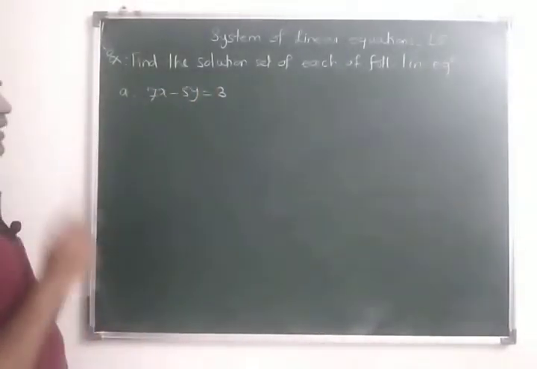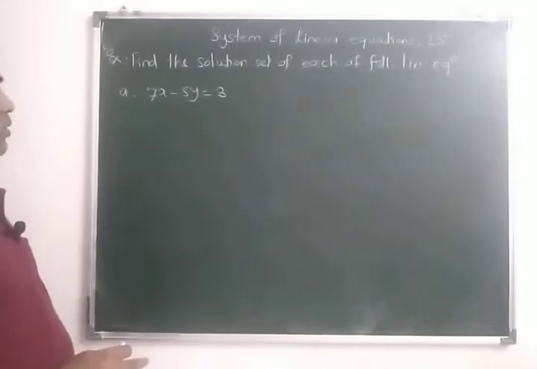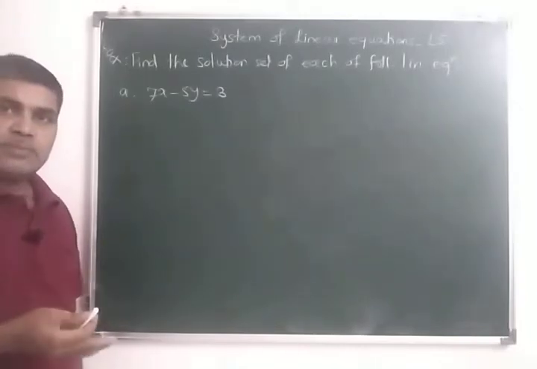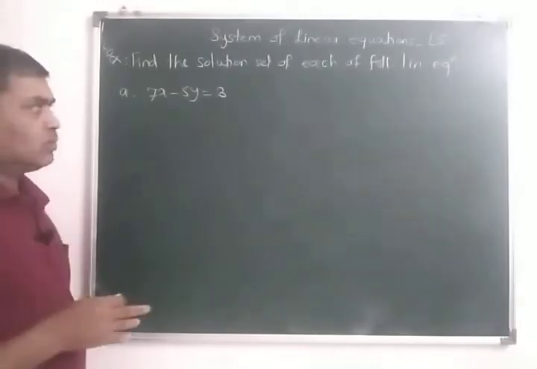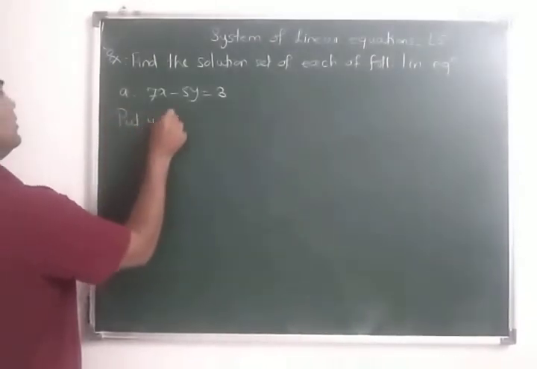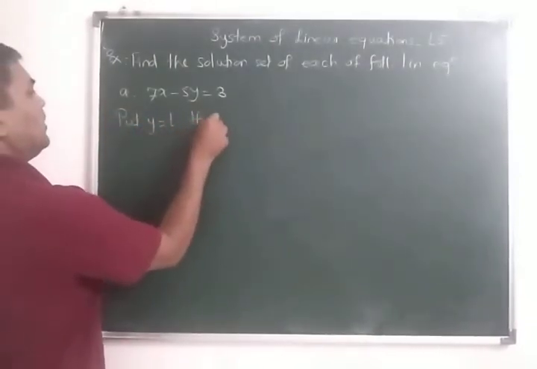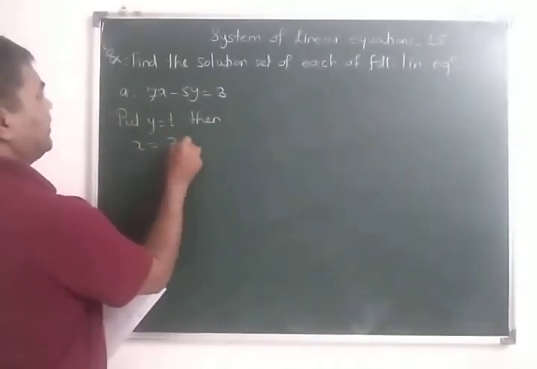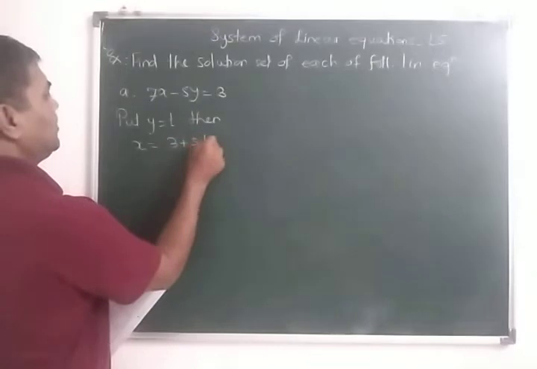So there is only one linear equation in two variables. So one variable must depend on the other. So we'll put y is equal to t. Then what is your x? x is (3 plus 5t) by 7.